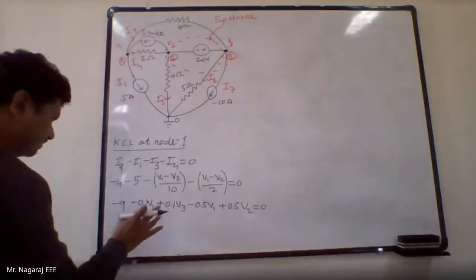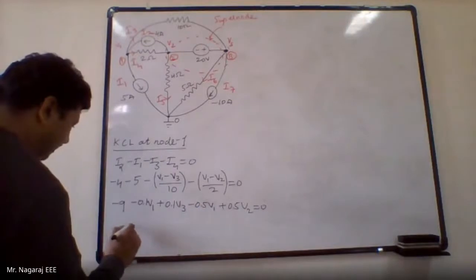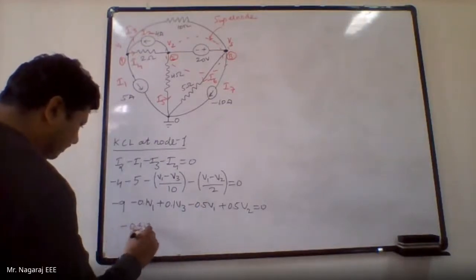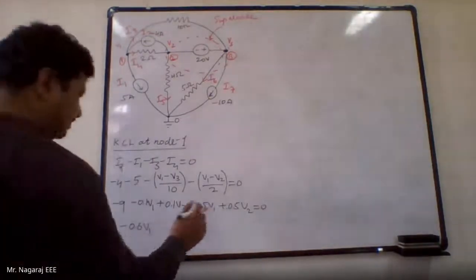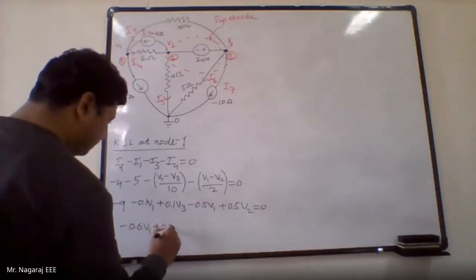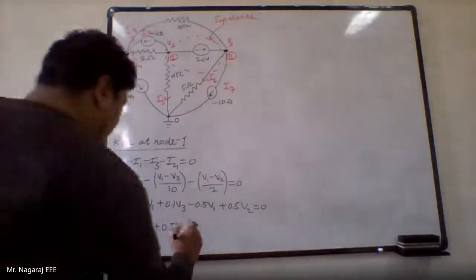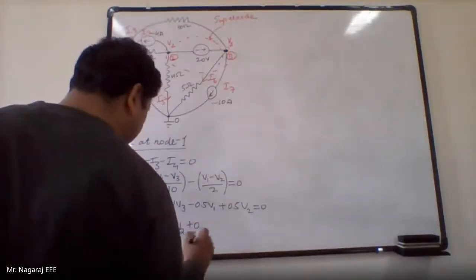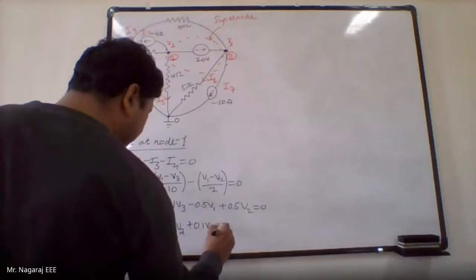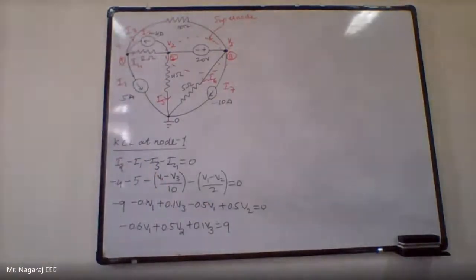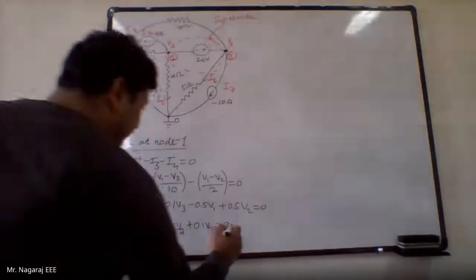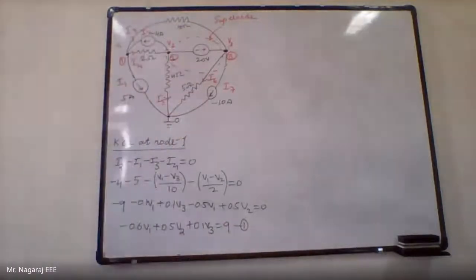Or when I write, it is minus 0.1 minus 0.5, it is minus 0.6 V1 plus 0.5 V2, then plus 0.1 V3 is equal to plus 9. This is equation 1. Now, second case, writing KCL for supernode.